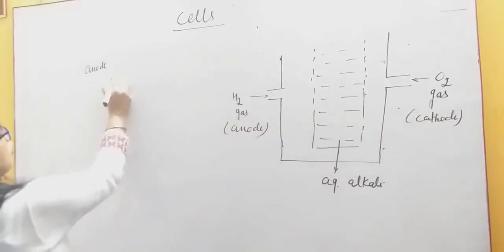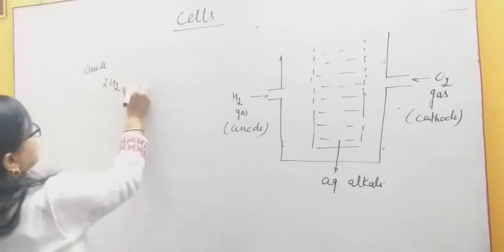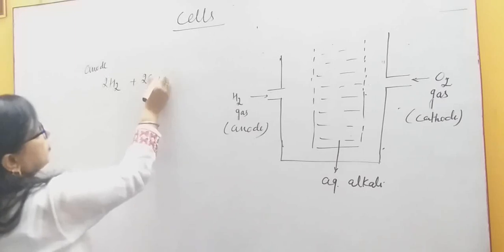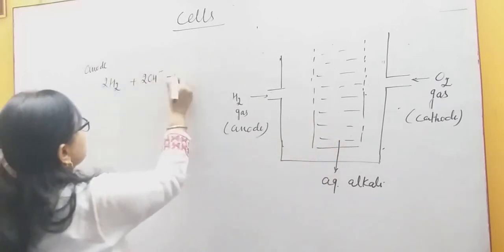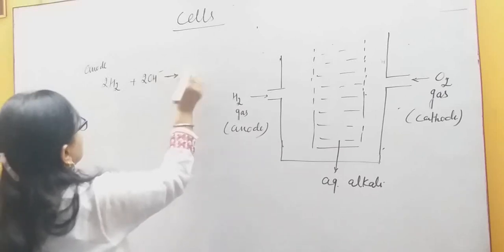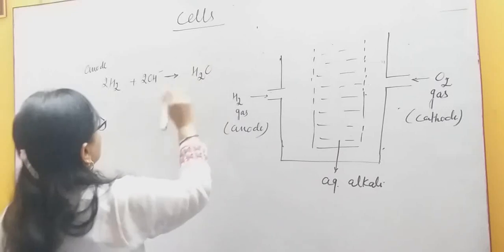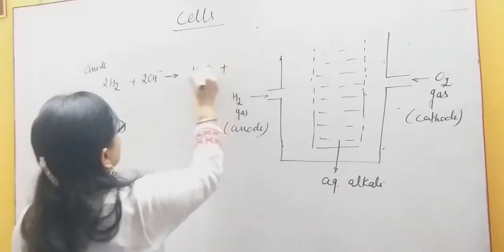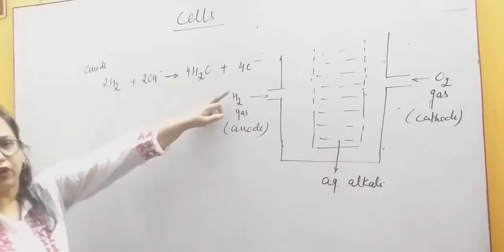So at anode, hydrogen reacts with alkali solution to convert itself into H2O by removal of 4 electrons.